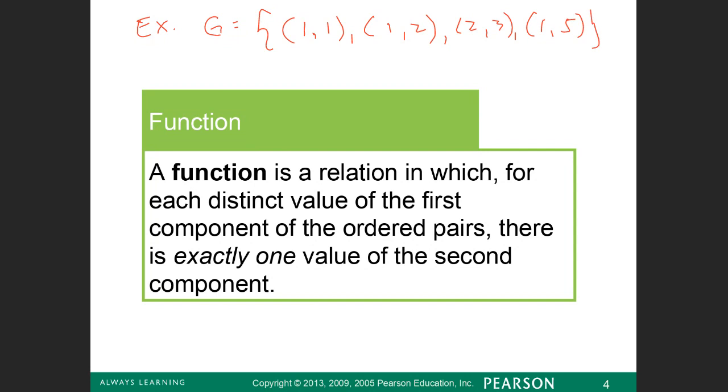In this set, you have 4 ordered pairs: (1, 1), (1, 2), (2, 3), (1, 5). If you follow the definition of a function, you need one distinct value for the first component, which is the x, and exactly one value for the second component.